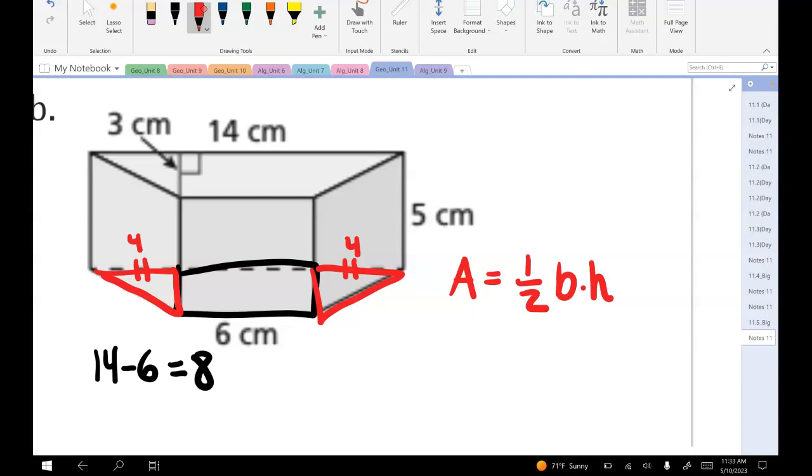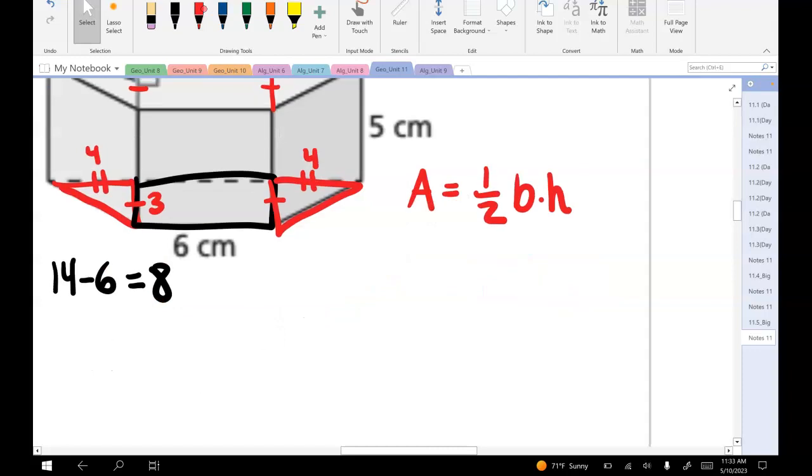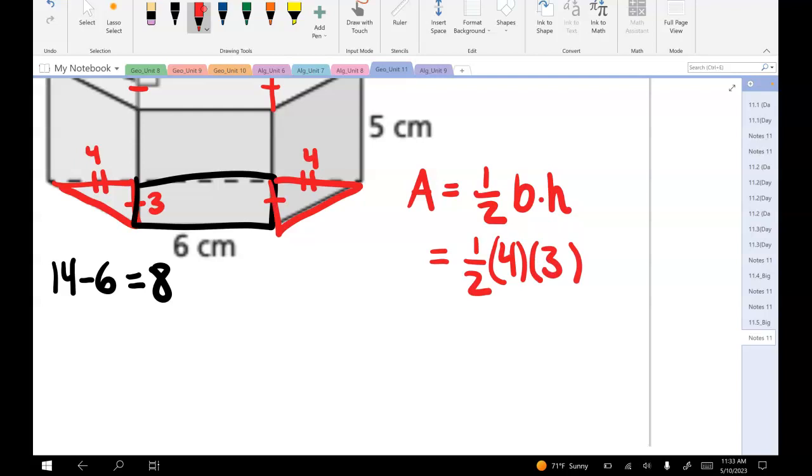And then we know that the height of these triangles, all these lengths are the same. And we know that's 3. So our base is 4 and our height is 3. So we could find the area of at least one of the triangles. 1/2, 3 times 4, or 4 times 3. So again, that's 6 centimeters squared.